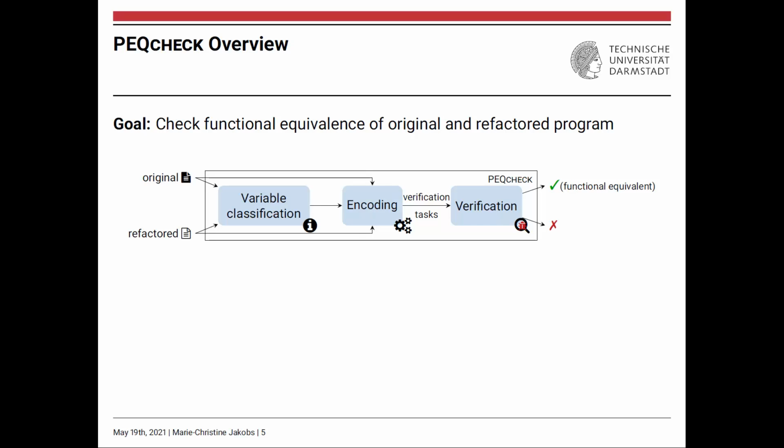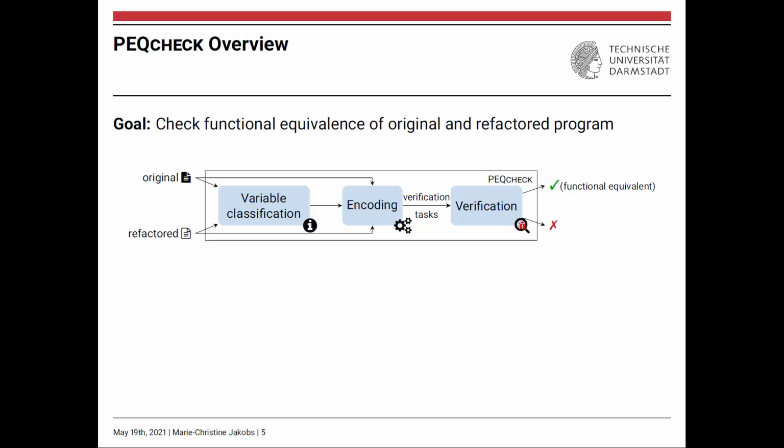With PEG-check, we want to check whether original and refactored programs are functionally equivalent. PEG-check consists of three phases we see here in the picture. To become context aware, PEG-check starts with a variable classification, and this variable classification, for example, detects modified variables, variables relevant for the result, and variables that are directly input dependent.